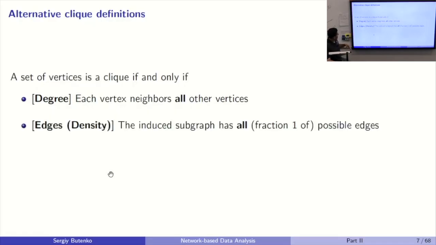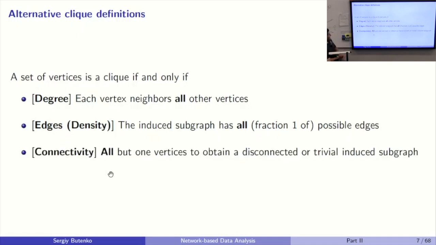Then the edges or the density, the induced subgraph has all, fraction 1, of possible edges, right? Again, all. Connectivity: all but one vertices need to be removed to obtain a disconnected or trivial induced subgraph. So these are all equivalent definitions of a clique, right? So clique is a unique structure for which this works as a definition.